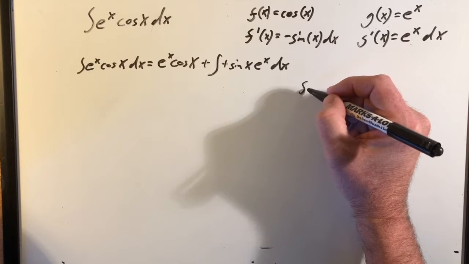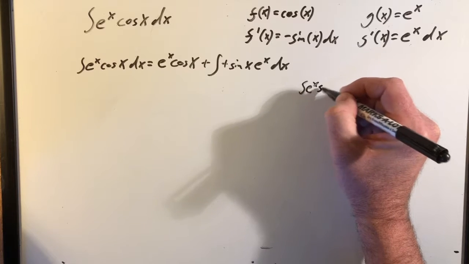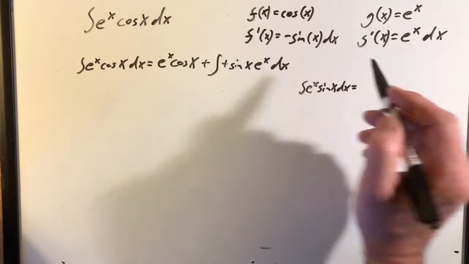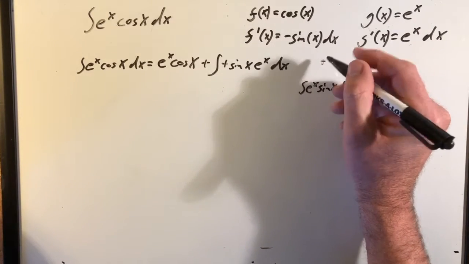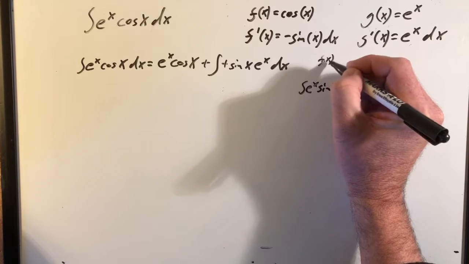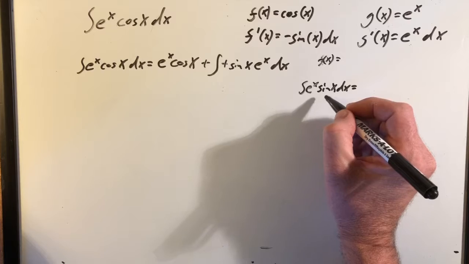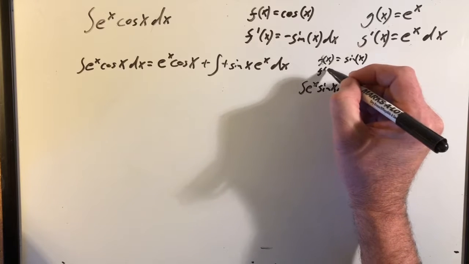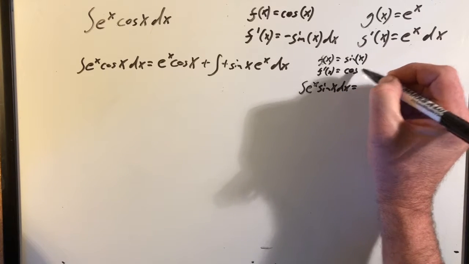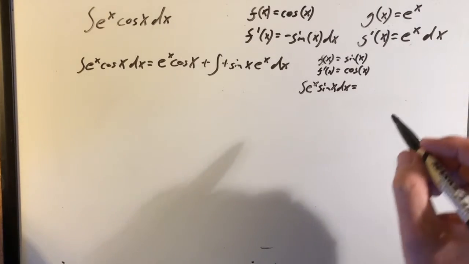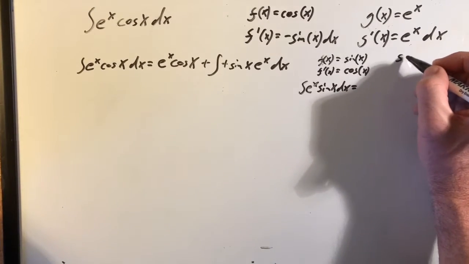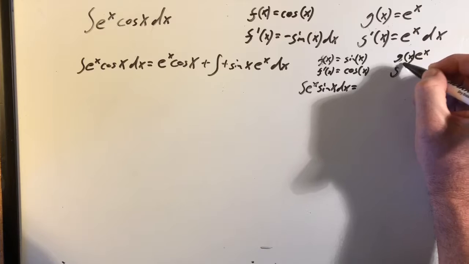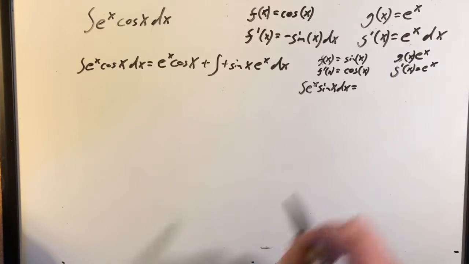So the integral of e to the x sine x dx equals, and I'm going to select my f of x in this case to be sine x, f prime will be cosine x, and g prime of x will just equal e to the x as well.